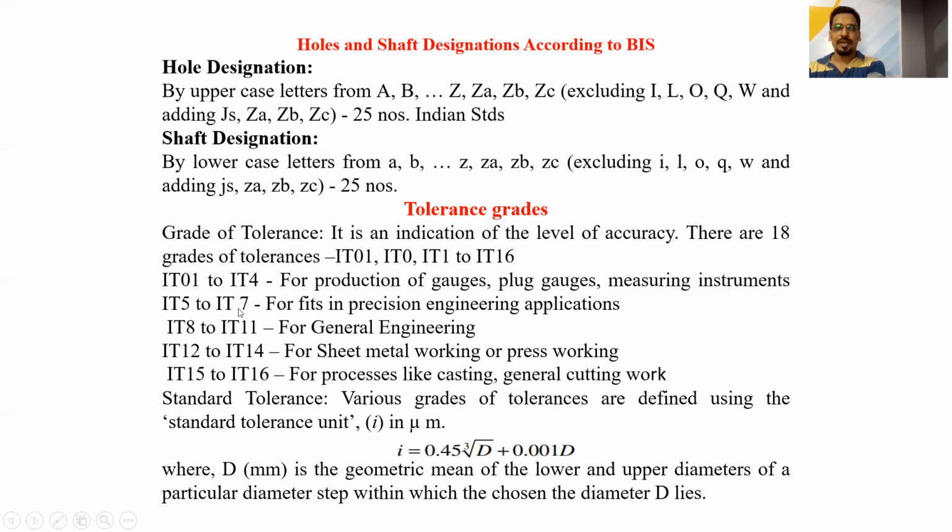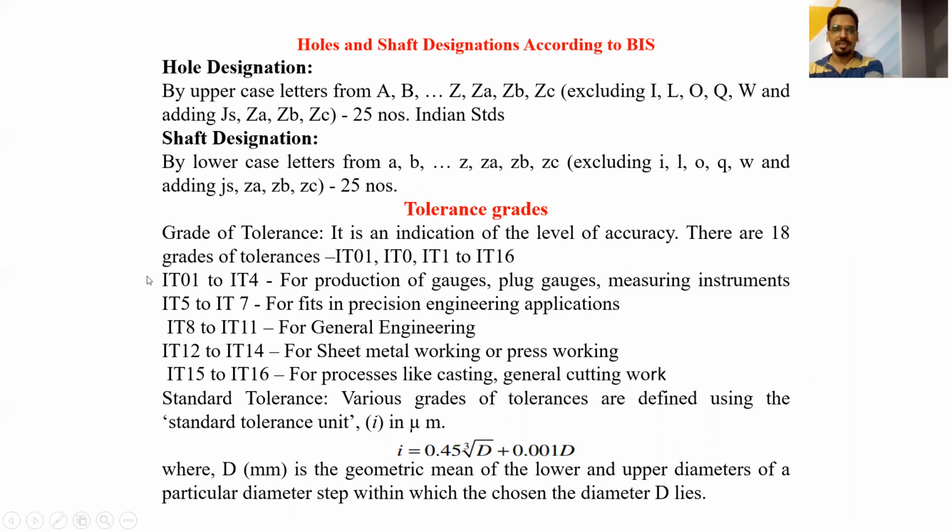Then IT5 to IT7 is used for fits, for providing different types of fit in engineering applications. IT8 to IT11 is provided for general engineering work, and IT12 to IT14 for sheet metal working or press working. Next, IT15 to IT16 is provided for processes like casting and general cutting work.